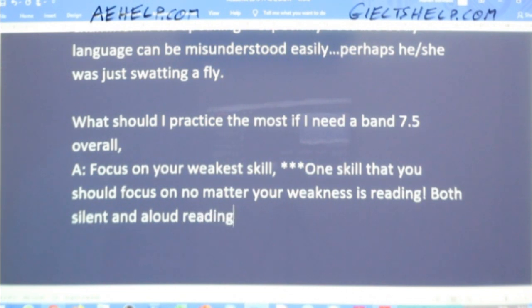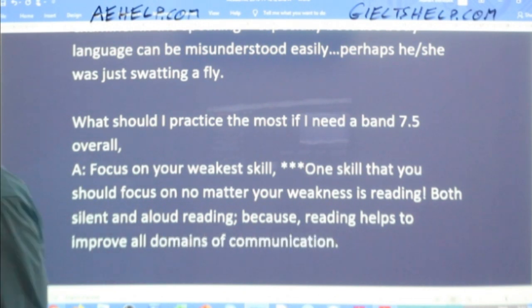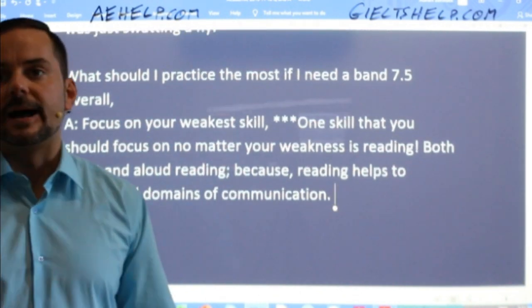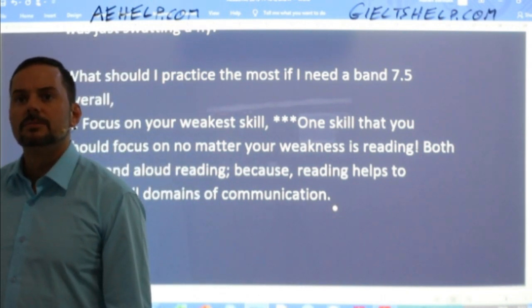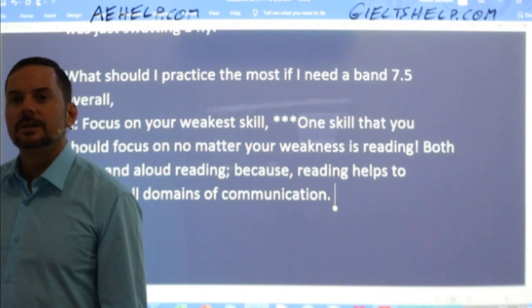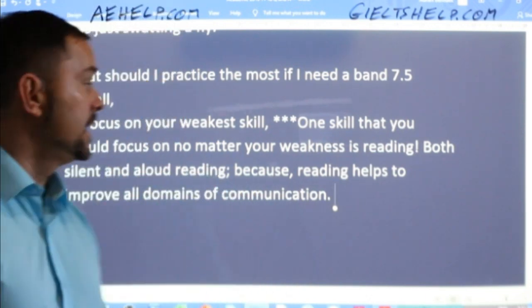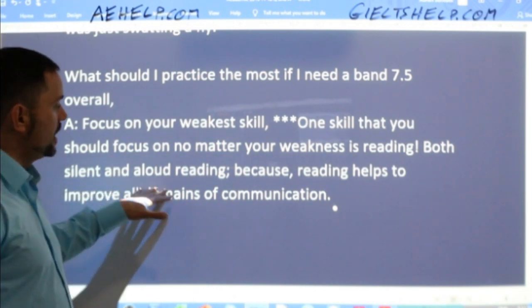Okay, because reading helps to improve all domains of communication. Okay, so focus on your weakest skill, always focus on reading. And this goes back to Moro's question. I'm not sure if you're still here with us, Moro. I haven't seen a statement from you or a question from you in a bit, but reading is especially important. It strengthens all of the other skills, especially reading aloud.